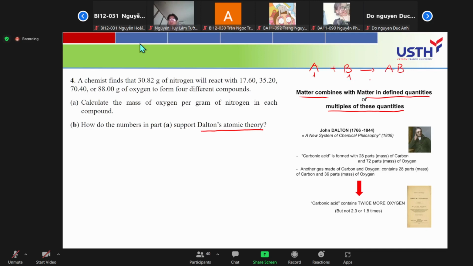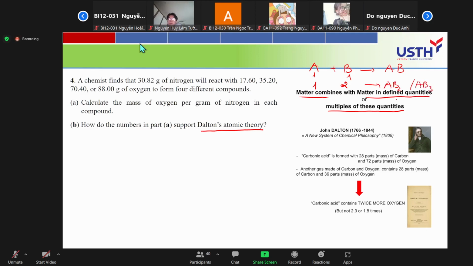On the other hand, if A and B can form other compounds, in the second case 1 A needs to combine with 2 B or 3 B to form AB2, AB3.